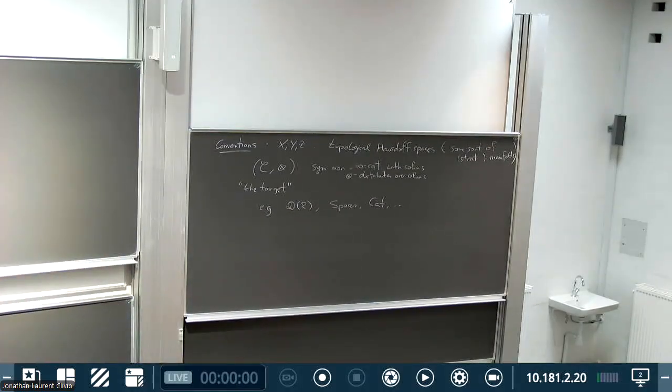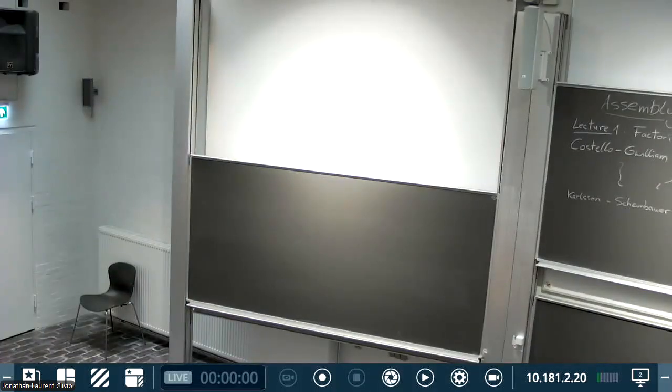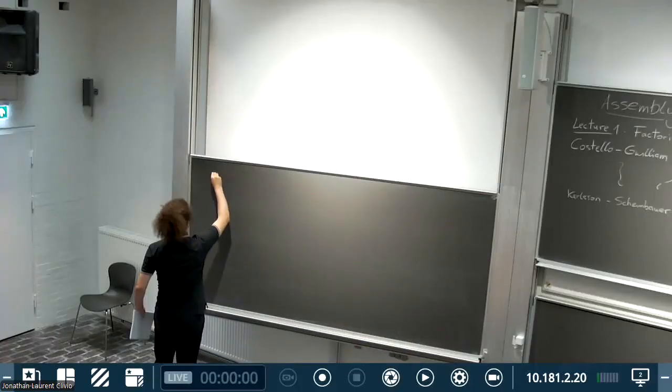Okay, so let me start with the motivating example, at least for me. This is also another aspect: factorization algebras are a very flexible thing, and different people have different motivations for studying them. So this is maybe just one perspective, and if you ask other people, they will tell you different reasons or different motivating examples. So let's start with the following.